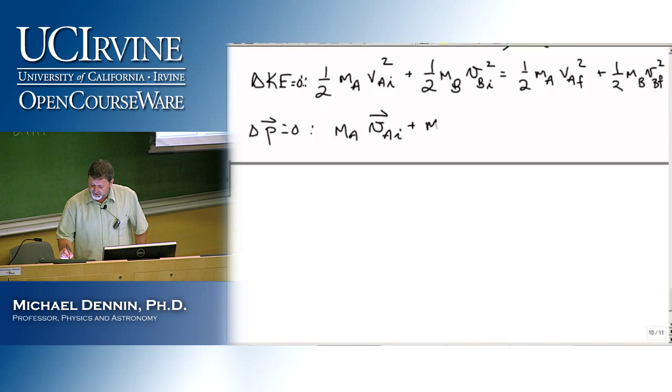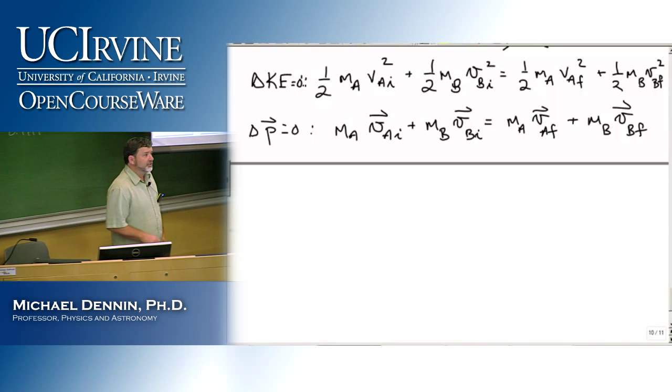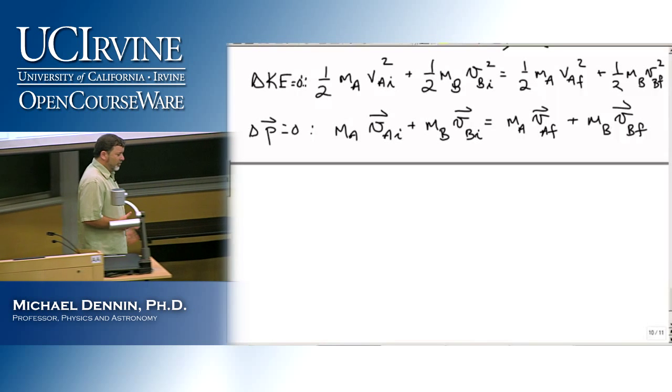Keep in mind these are vectors. You can see how boring this is already as you fall asleep while I write. There. So I have 4 unknowns, 2 equations.